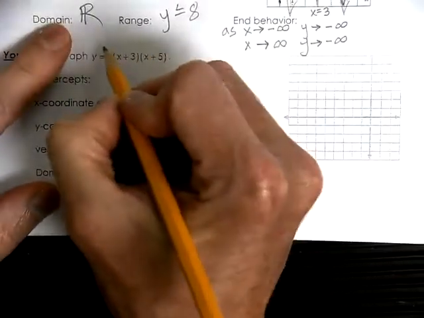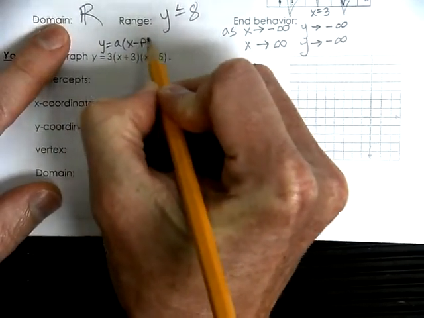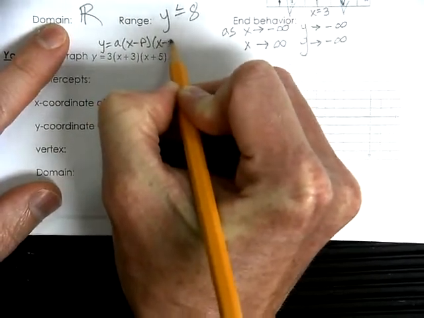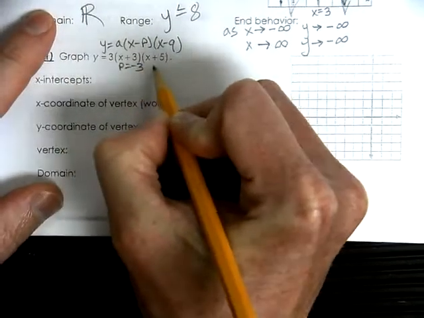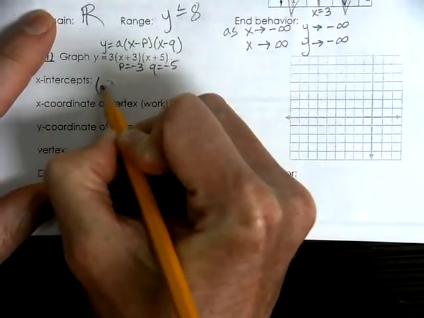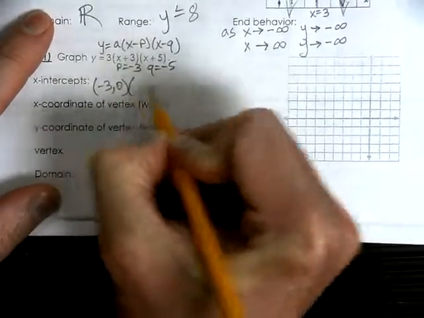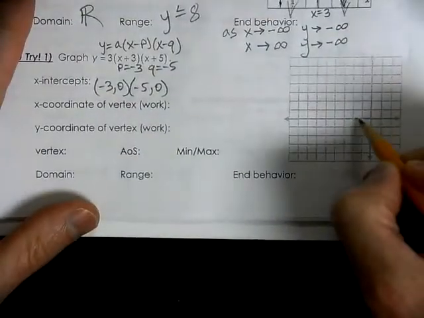We look at our graph here, we know our equation is a(x - p)(x - q). So our p value is going to be -3. Our q value is going to be -5. So we're going to have x coordinates of -3 and -5.